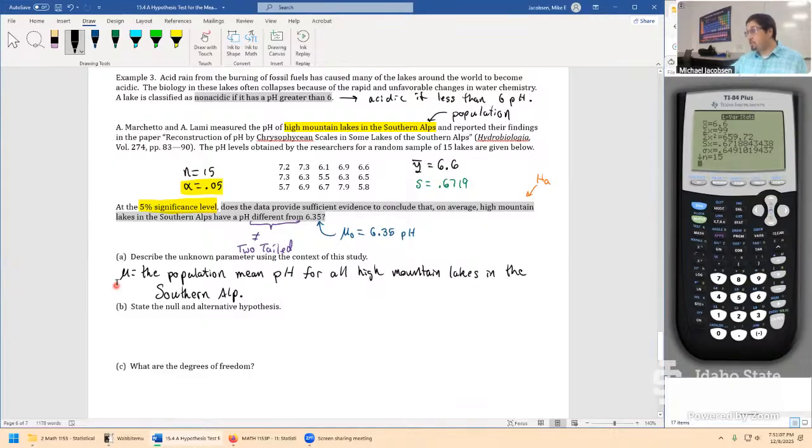Any questions at all first, folks, getting mu down on paper? Okay, again, it's tricky because when it said, using the context of this study, we had to say mean somewhere. We had to mention the unit pH, and we had to mention the population.